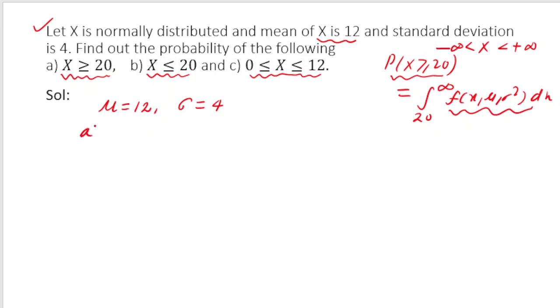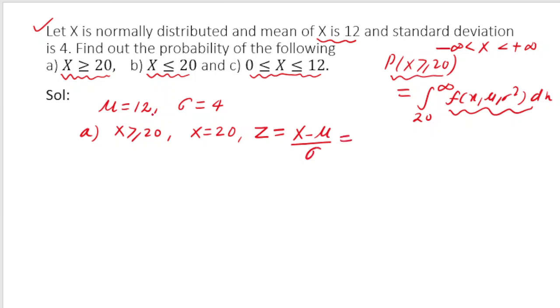So the first part is we have to find the probability for x greater than or equal to 20. First, we have to calculate the standard normal variate z corresponding to x equal to 20, and z is defined as x minus mu by sigma.